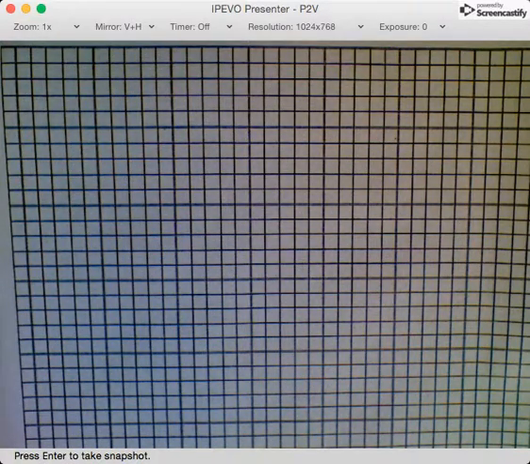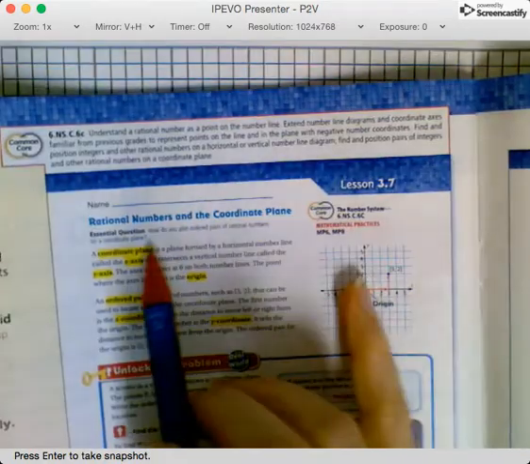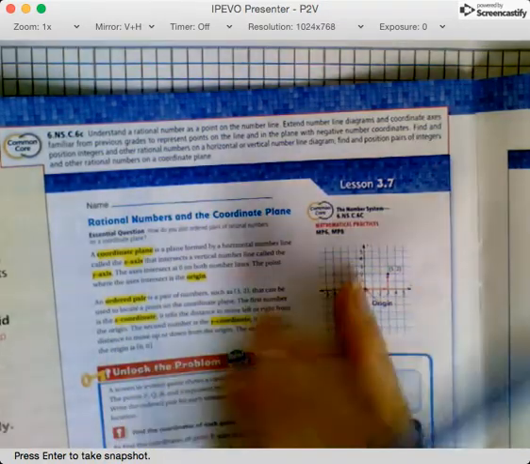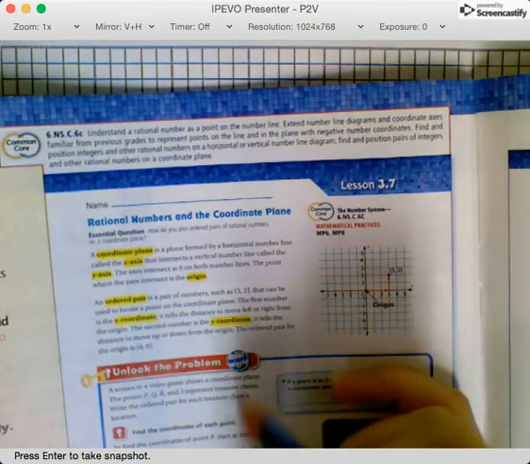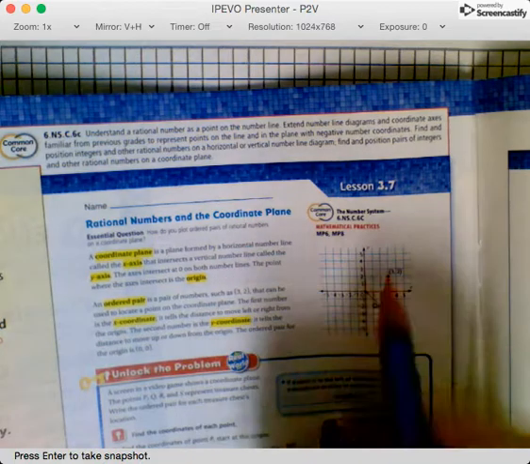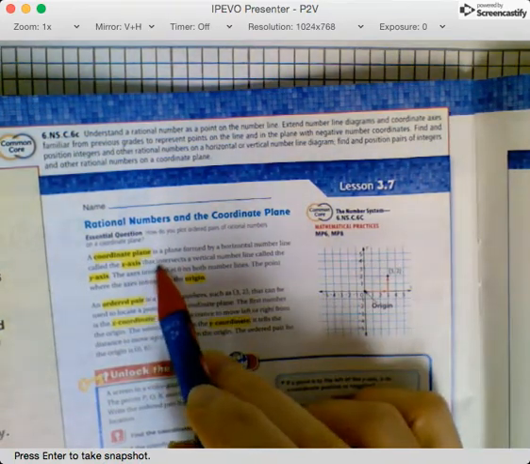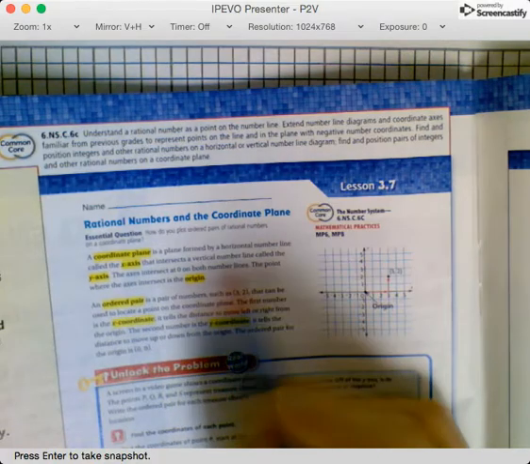Before I start showing you how to plot, I'm just going to go over some of the vocabulary from our book. In our book, it talks about a coordinate plane. That is a plane formed by a horizontal number line called the x-axis that intersects a vertical number line called the y-axis.